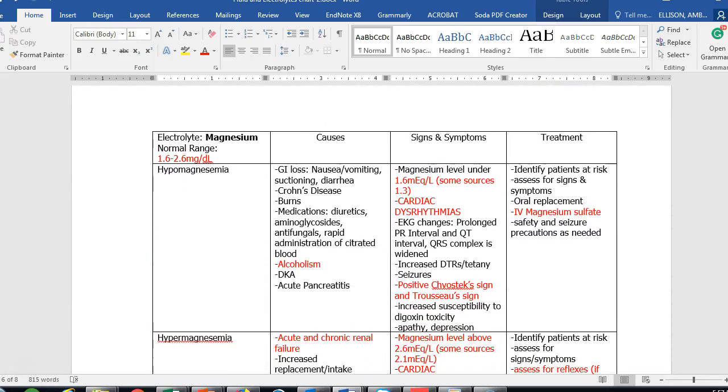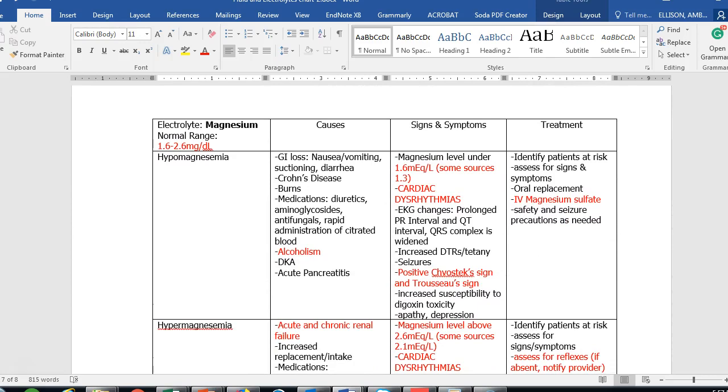And then magnesium. So that's not the right level. ATI says 1.3 to 2.1, so don't get all upset about the level on the piece of paper there. Causes for this are GI loss, nausea, vomiting, excessive suctioning, Crohn's disease, burns, certain meds, acute pancreatitis, DKA, biggie, alcoholism.